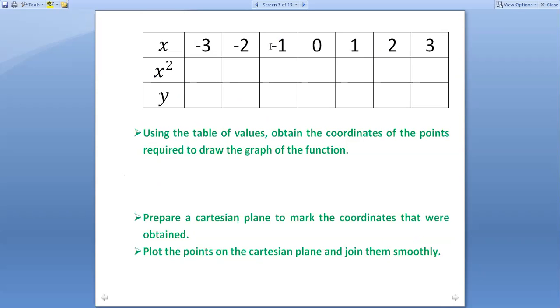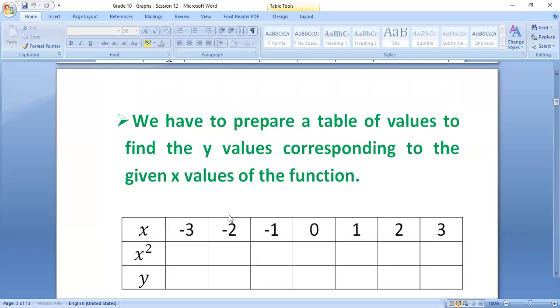Here I have made a table where x values vary from -3 to +3, and first we have to find the value of x squared, and then we can find the value of y because the function is given as y equals x squared. So let us complete this table.